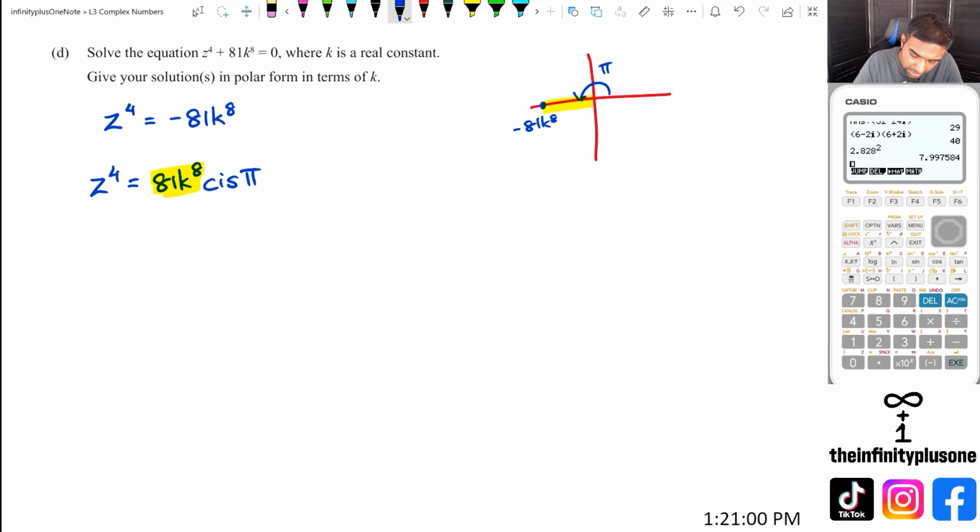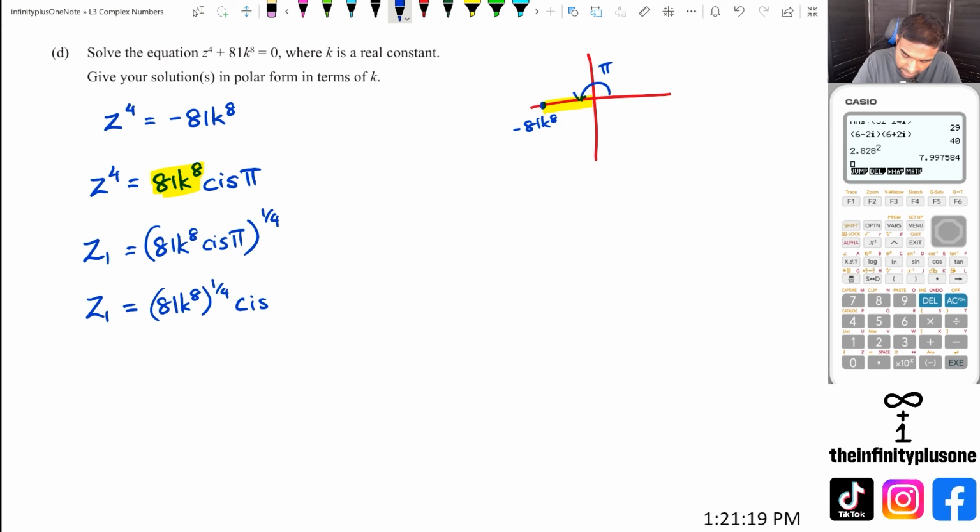So then z1 is 81k8 cis pi to the power of a quarter. So z1 is equal to 81k8 to the power of a quarter cis pi times 1 over 4.